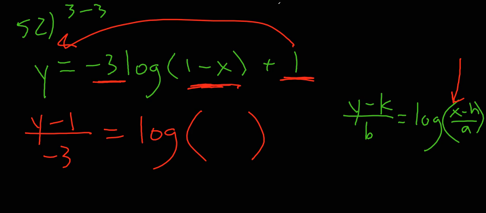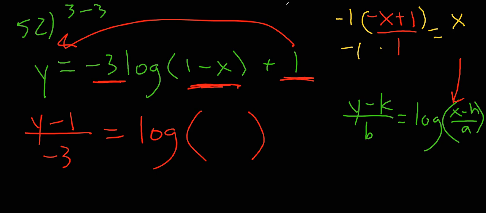Another way to write that would be -x plus 1. Now, what in the world could you multiply this by so that we could get 1x? What would you multiply this by to get that -1 to become a positive 1? -1. But if you do it to the top, you must also do it to the bottom. So that gives me x minus 1 over -1. So inside here would be x minus 1 over -1.